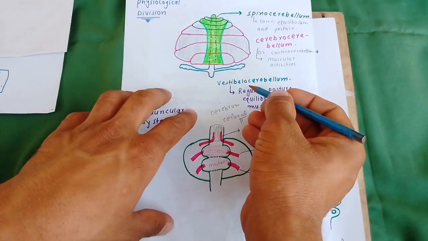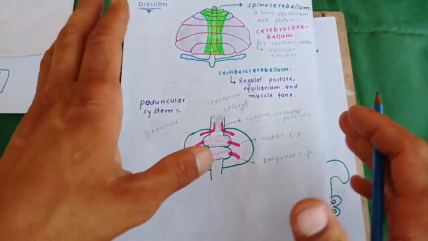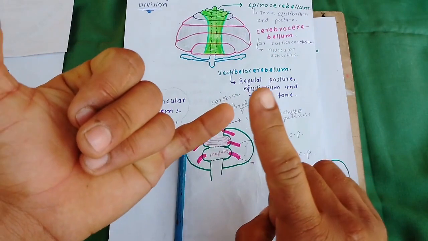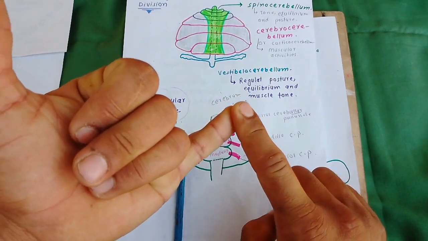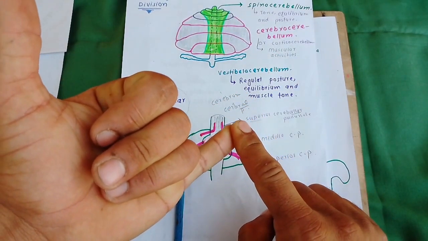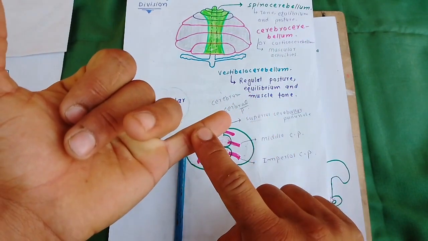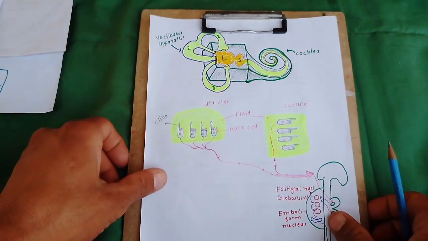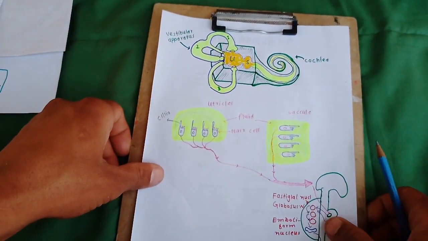What is the function of the vestibulocerebellum? The vestibulocerebellum is the part of the cerebellum which regulates the posture of the body, equilibrium of the body, and muscle tone. That's the real concept.